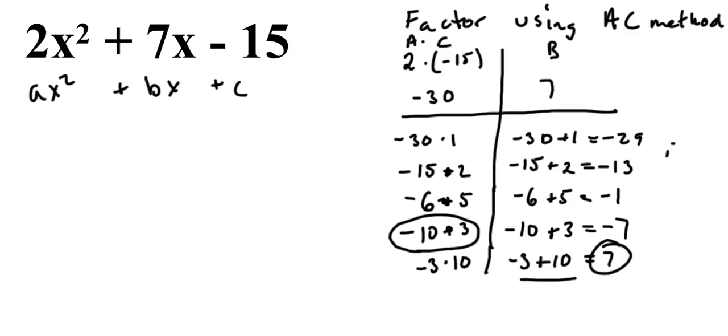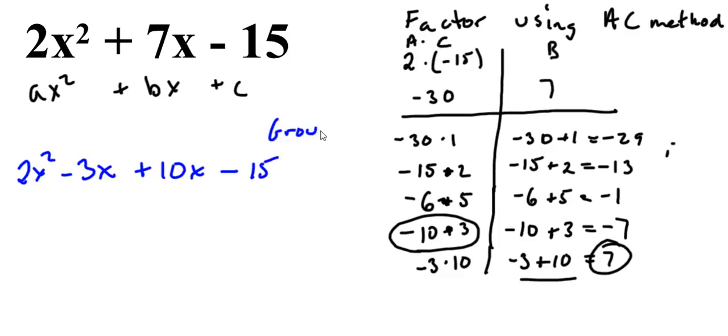To write this out, we have 2x squared minus 3x plus 10x minus 15. Now, once again, remember we're going to do some grouping. Once we have our factors laid out, we look at the first two values and see if we can factor anything out.